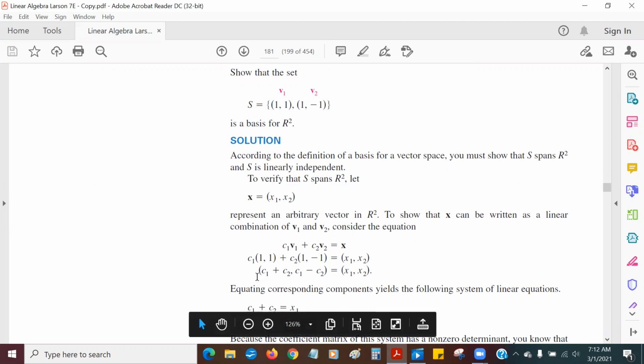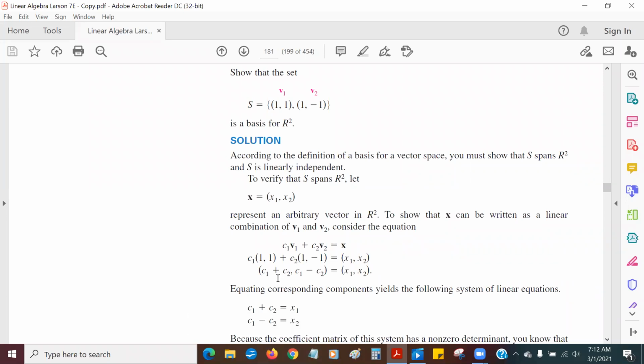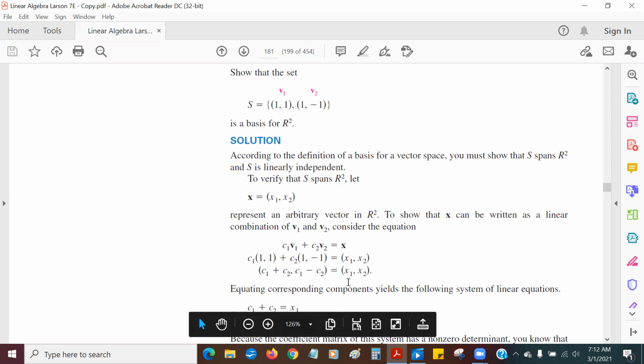The first component of the combination is C1 plus C2. The second is C1 minus C2. And that's going to equal my X1, X2.